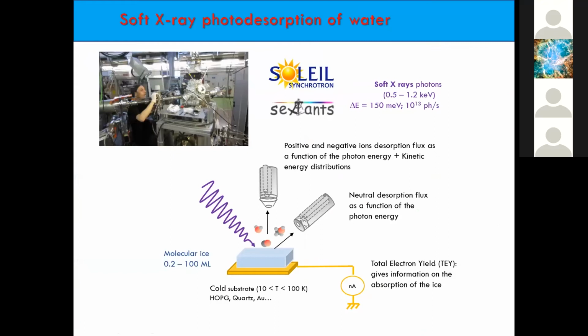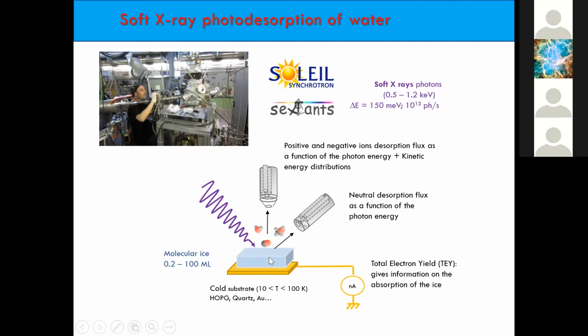Okay, so during irradiation, we can continuously measure different things. We can measure the positive and the negative ions that are ejected from the ice. We can measure the neutral desorption flux. This is made by two mass spectrometers. At the same time, the ice that we grow on a cold substrate is electrically isolated.